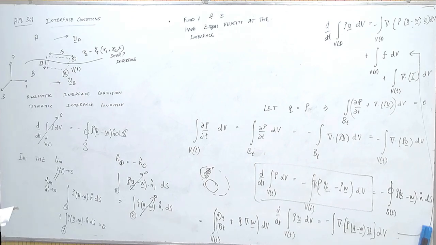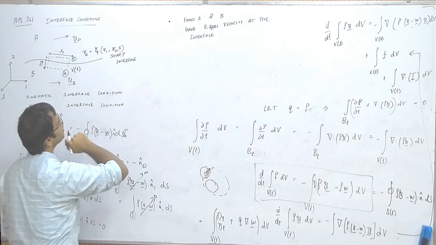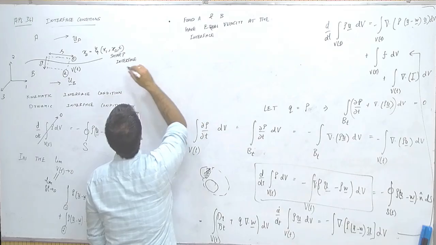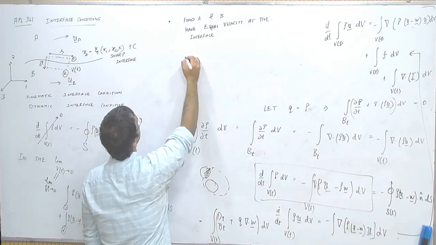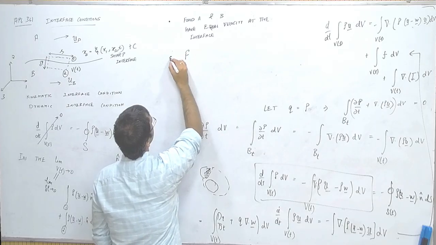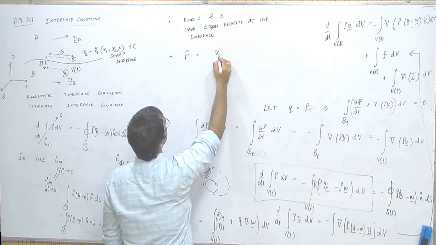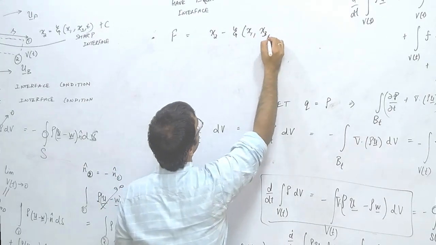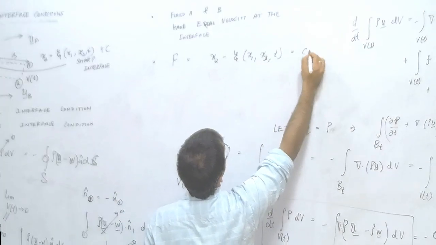So if this is your surface, this is your x2 direction. I am saying x2 varying with x1 or x3 and time. So this is the equation of my interface. Okay. So let me write it in an implicit fashion. Actually this has to be an arbitrary constant. So the equation of the interface is f equals x2 minus c of x1, x3, t equals constant.